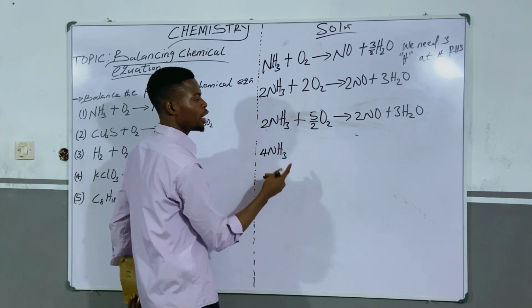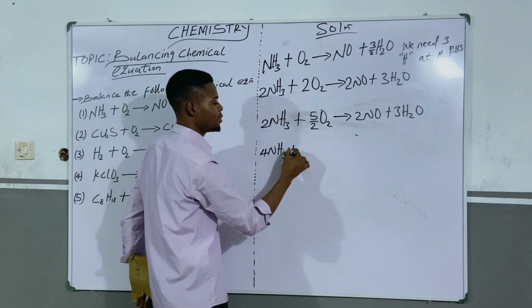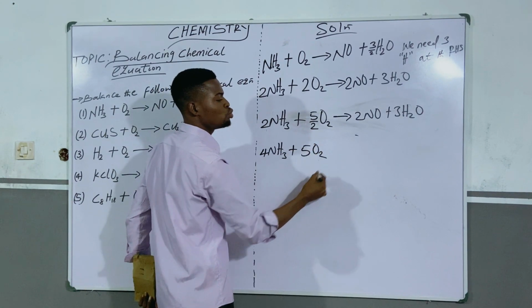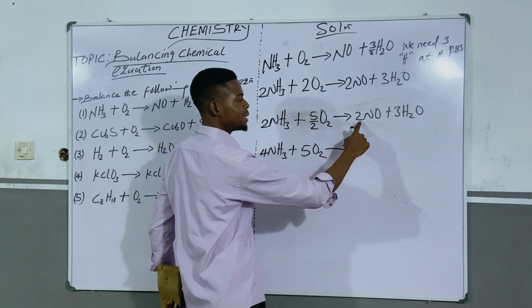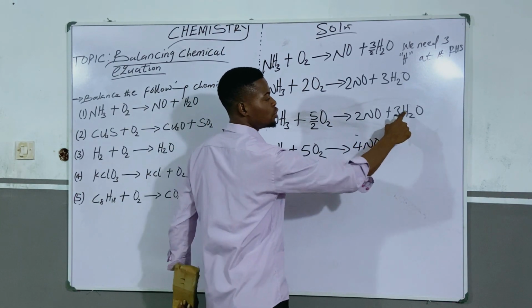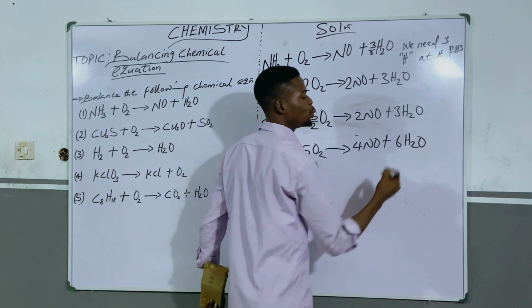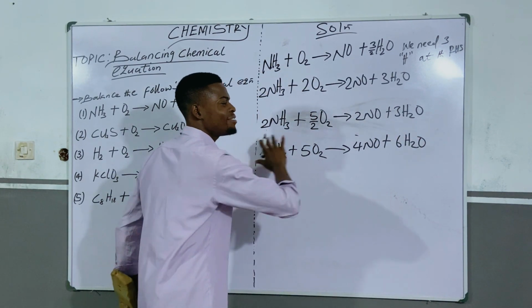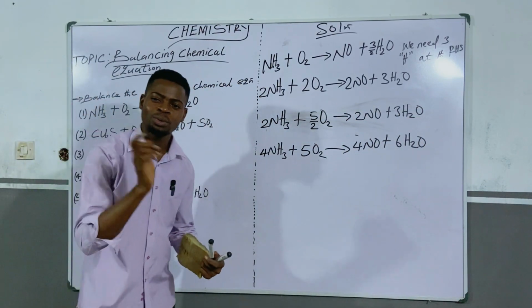If you multiply this 5/2 by 2, you are getting 5. This is 5O2. Then this times 2 is 4NO. Then 2 will give you 6H2O. So we multiply everything by 2. So this is your balanced chemical equation.